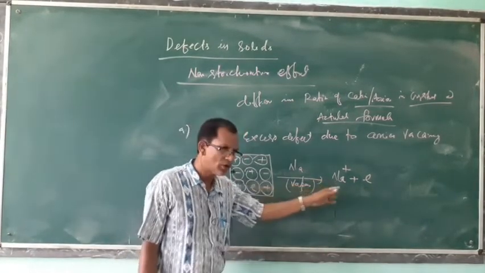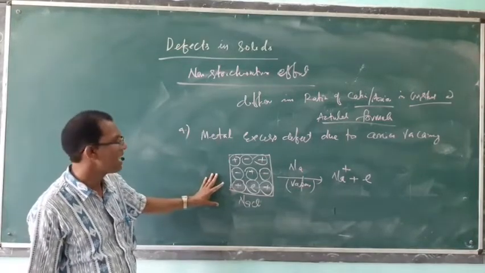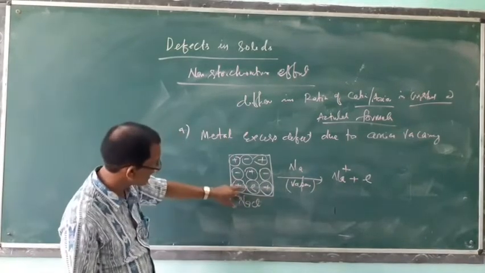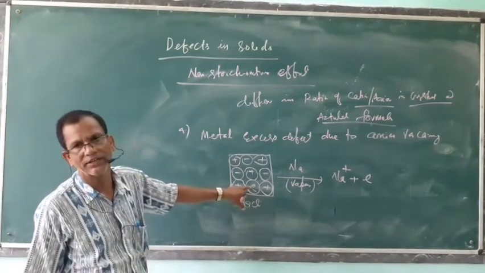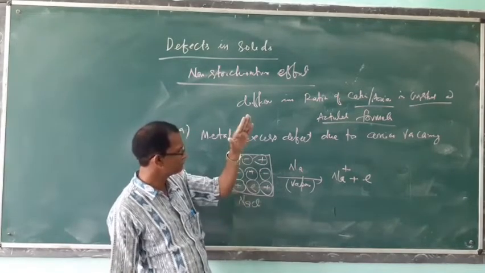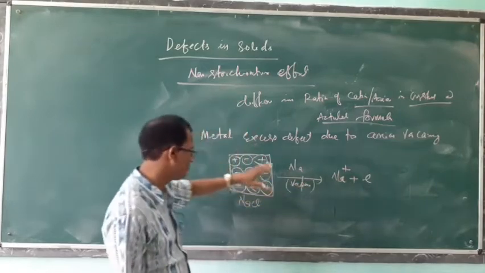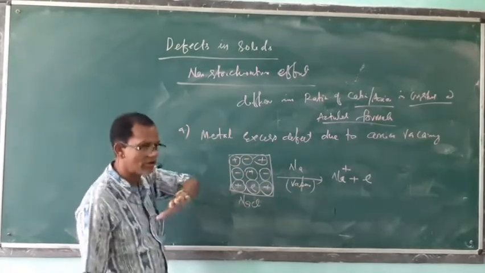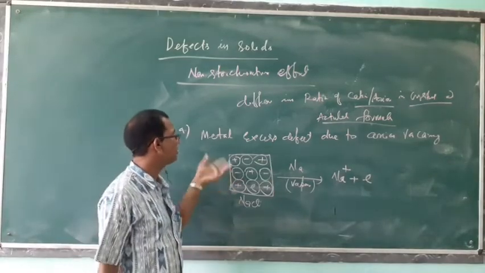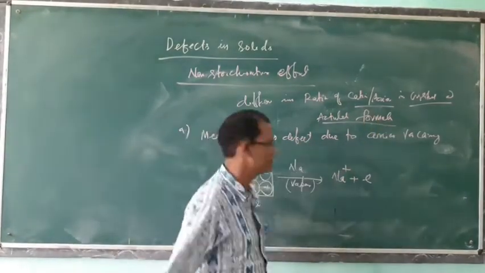This Na+ will be trapped by the crystal, and the electron will remain in the place of Cl-. That's why Cl- is missing, and that place is occupied by an electron, and the Na+ remains on the surface. That's why it is called metal excess defect due to anion vacancy.